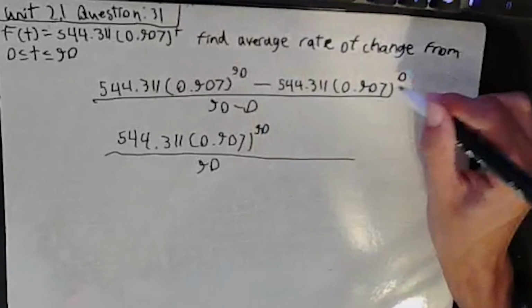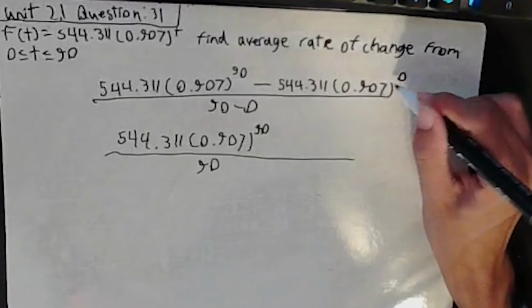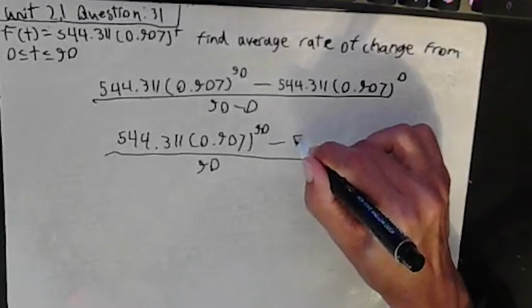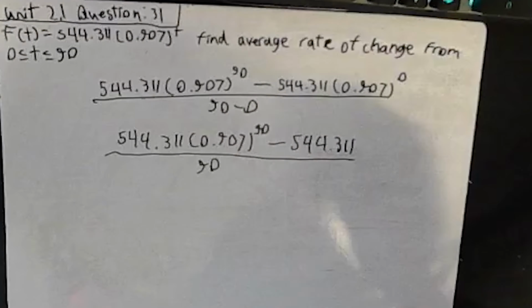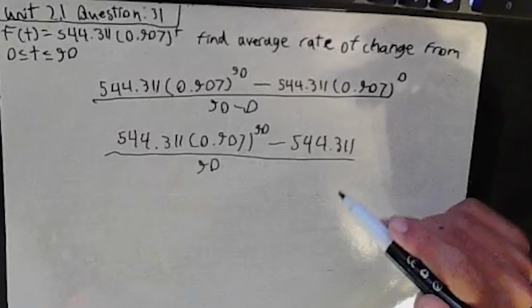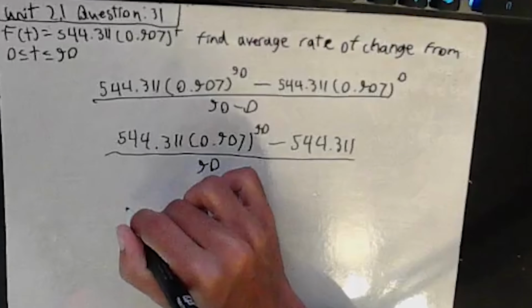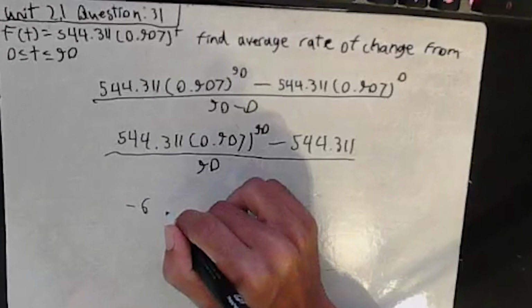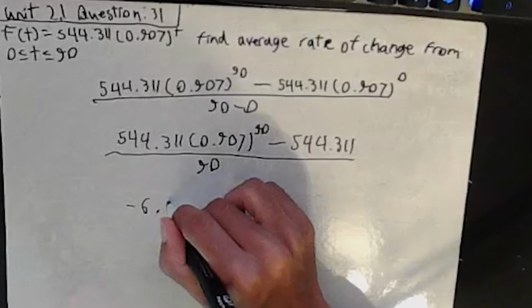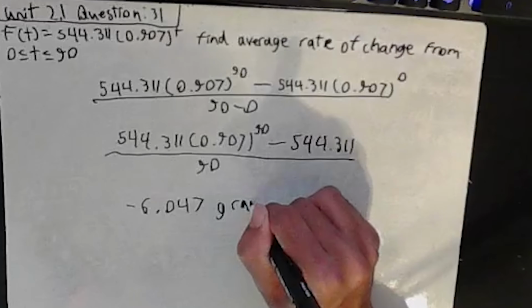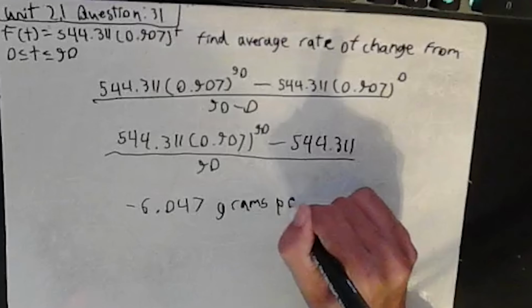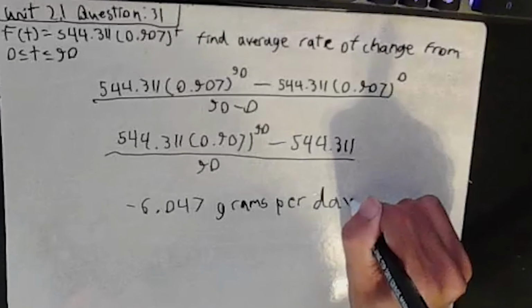And then we know that anything to the 0th power is 1, so it's just minus 544.311. So this would be our final answer if we didn't have a calculator, but if we do have a calculator, we would round it to approximately negative 6.047. And remember to use the units grams per day as our final answer.